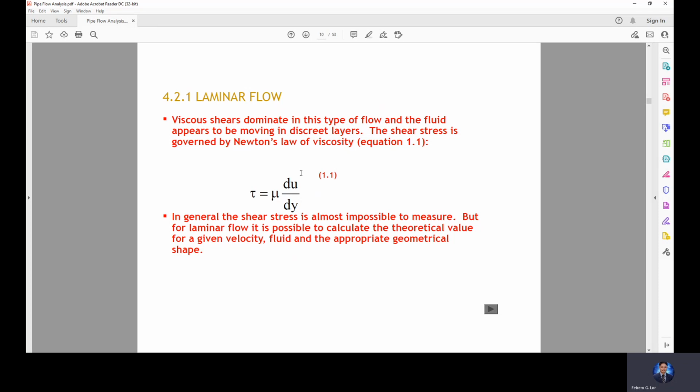So ingon siya nga in general, the shear stress is almost impossible to measure. That equation is just an approximation actually. It's almost impossible to measure, but for laminar flow, it is possible to calculate the theoretical value. So again, the theoretical value is just an approximation.